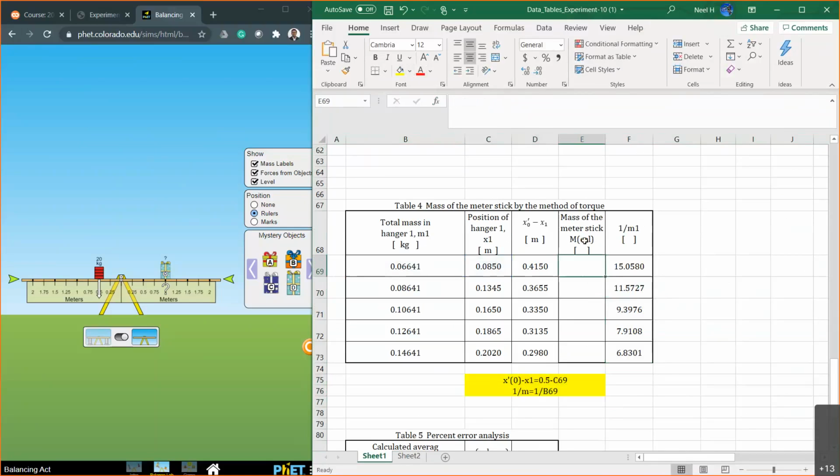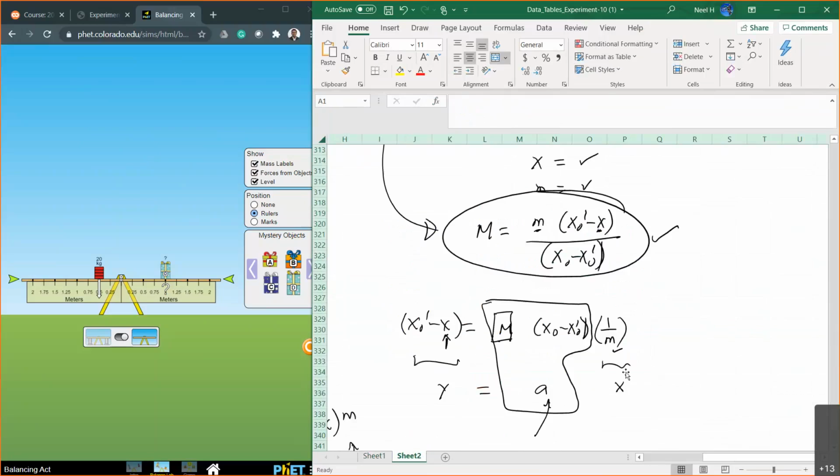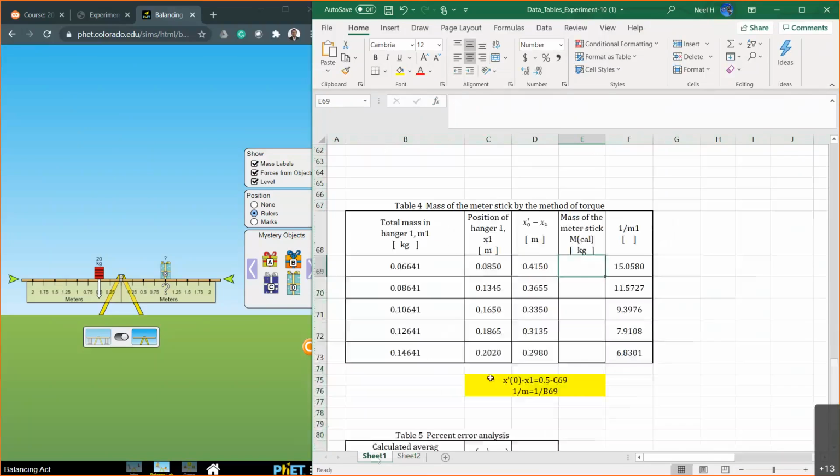I can calculate the meter stick mass, right? Because I have the formula. You know the formula; you can do that calculation easily. Let's do that too. The formula is mass of the hanger times x prime minus x divided by x0 minus x prime. So let's do that.